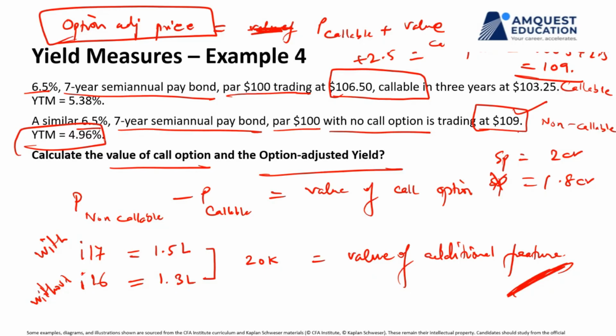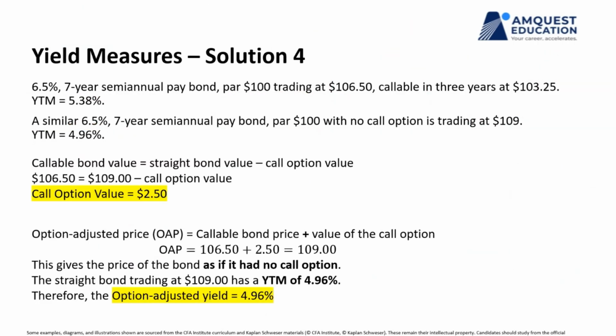It is a yield which represents returns without call option. If there is no call option, what will be your returns? Give it a quick look. 4.96% and $2.5. Anything that bothers you?